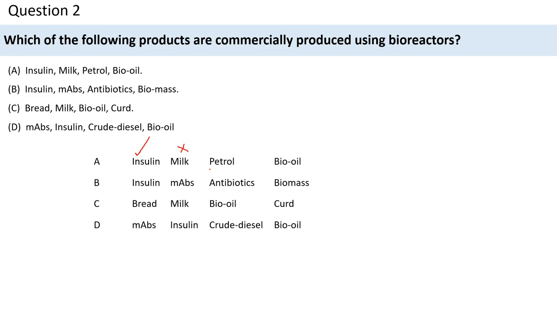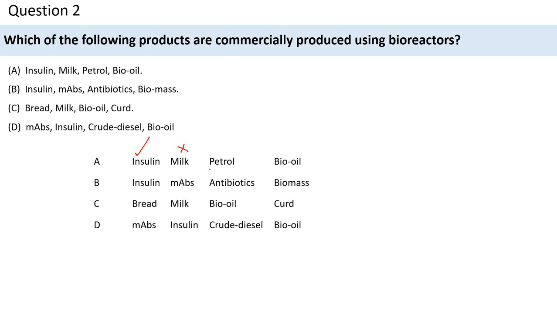Petrol. If it's anything related to biodiesel, or if the word bio is present, like FAME, fatty acid methyl esters, the biodiesel as well as the bio-oil that is produced is derived from FAME products only, from triacylglycerol to fatty acid methyl esters.